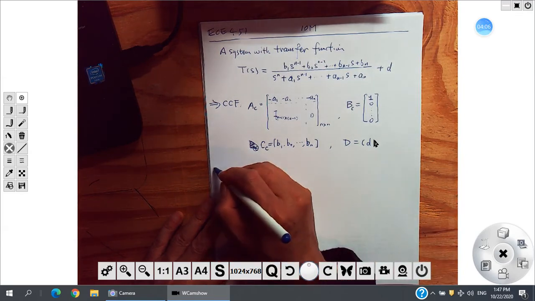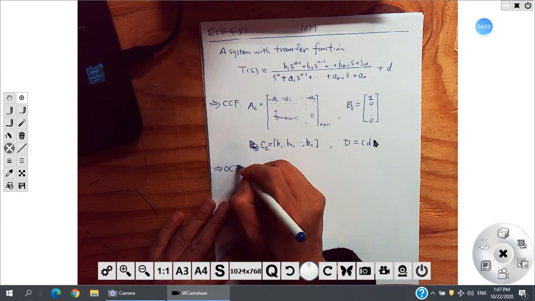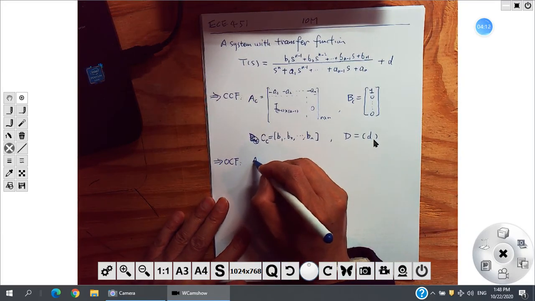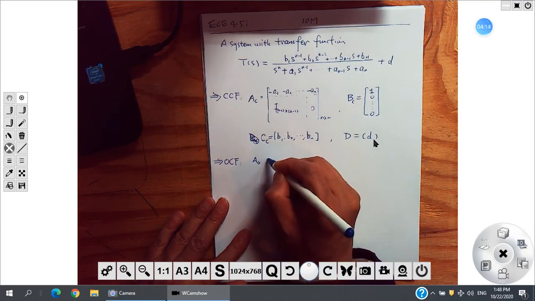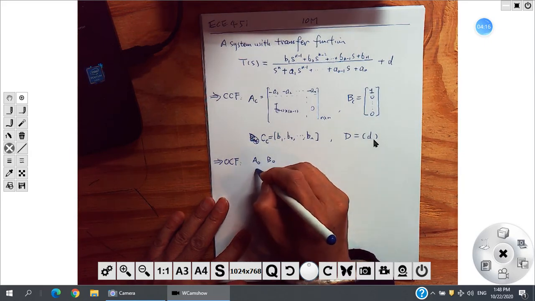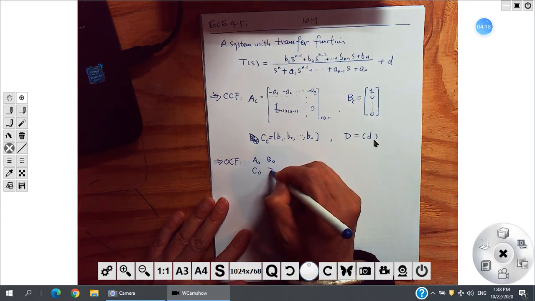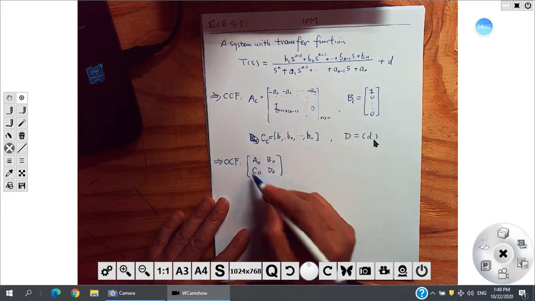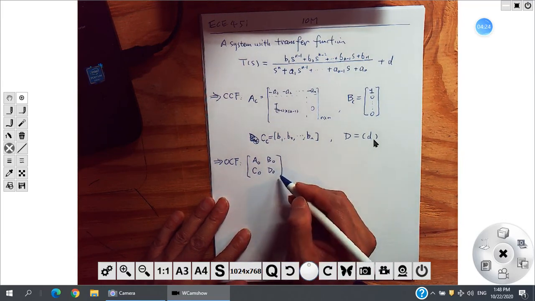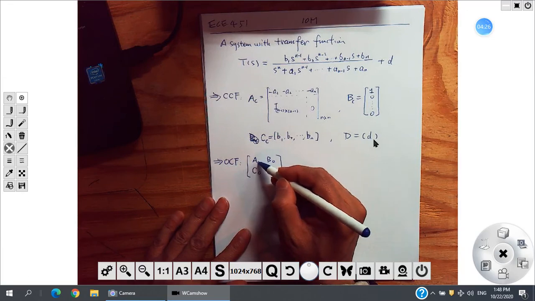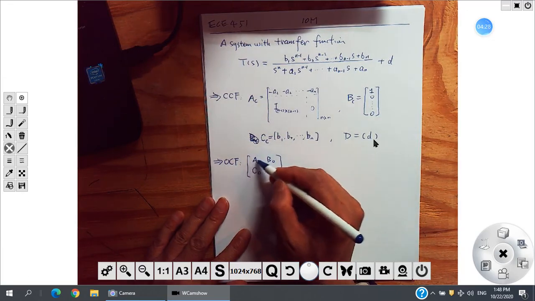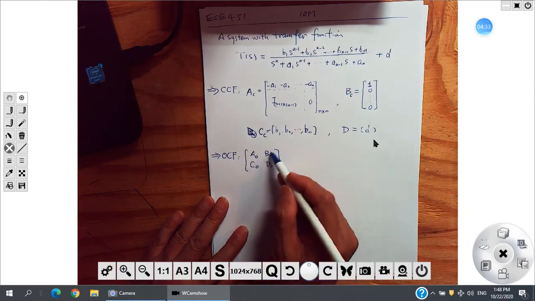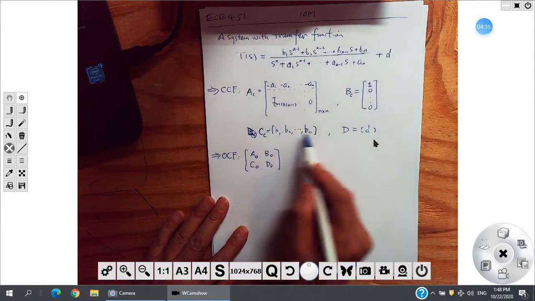And we also have OCF. I put AO, BO, CO, and DO together. These form a square matrix, right? AO is n by n, B is one column, C is one row, and this is one number.